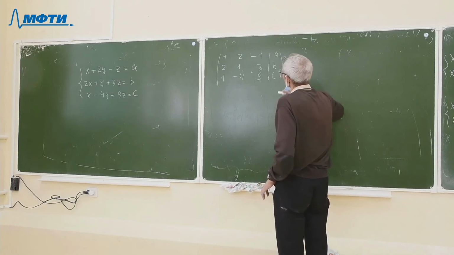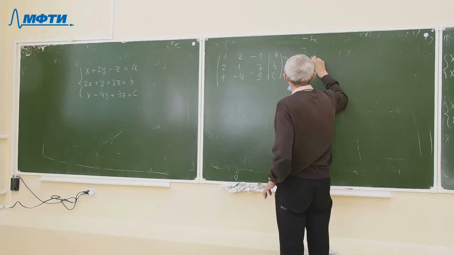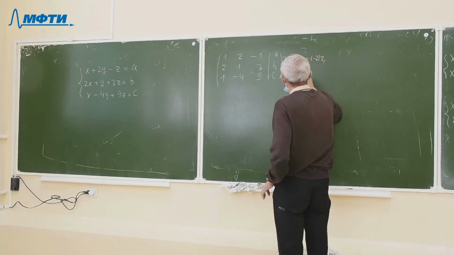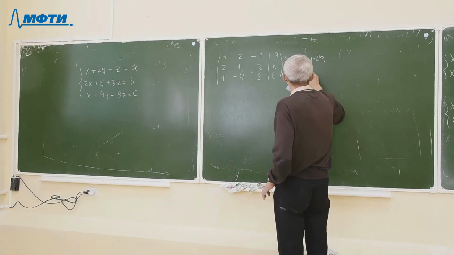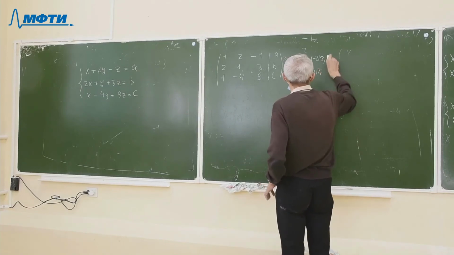R2 we put equal R2 plus minus 1 R1, R3 is equal R3 plus minus 1 R1.